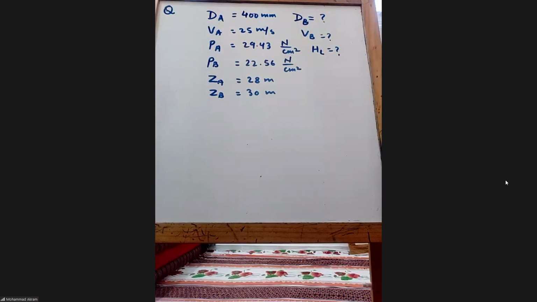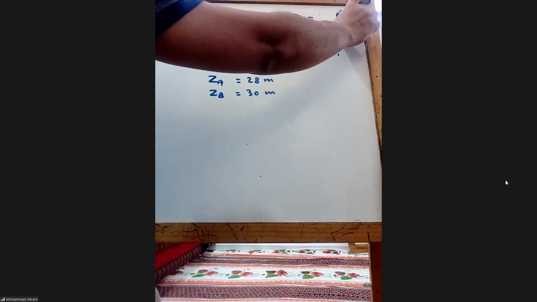Either diameter or velocity might be given at B. The diameter at B is equal to 400 millimeter, same as at A, of course. Yes.